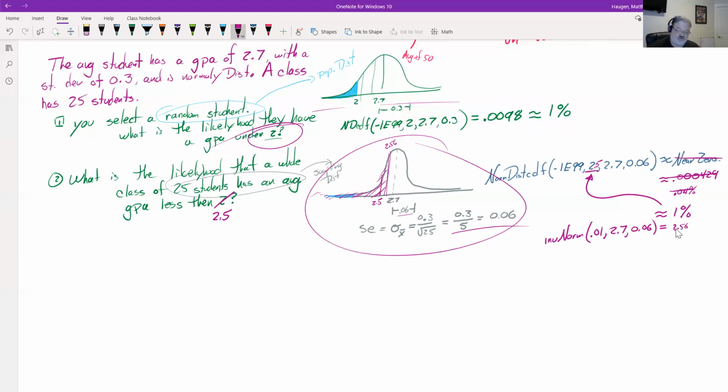So yeah, all our distribution tools work. They're just talking about a different object now. Instead of talking about the individual students, they're talking about averages of individual students, or averages of groups of students, I should say. Even more precisely, averages of a sample of students.